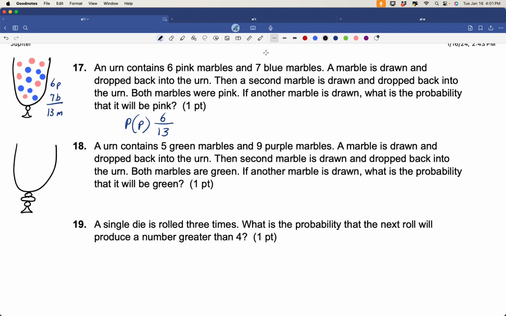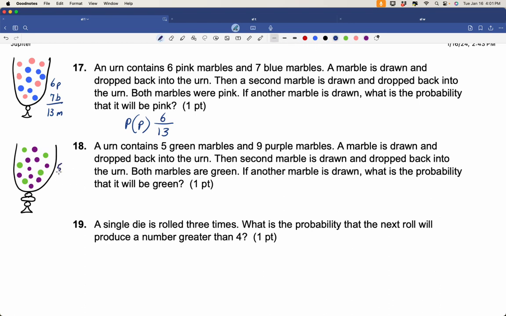All right, now in this urn, we have 5 green marbles. So 1, 2, 3, 4, 5, and 9 purple marbles. 1, 2, 3, 4, 5, 6, 7, 8, 9. All right.